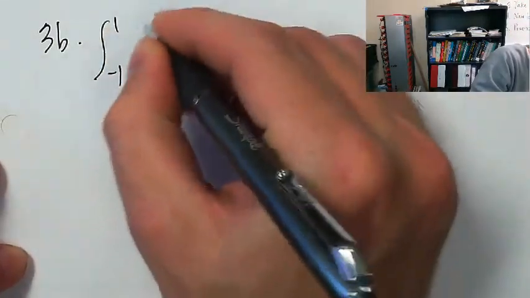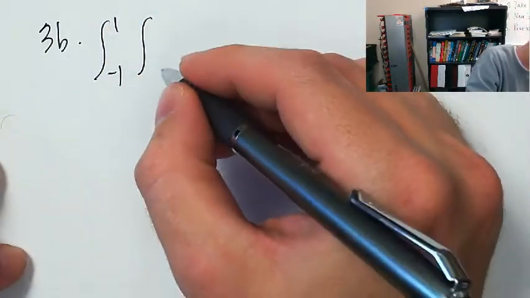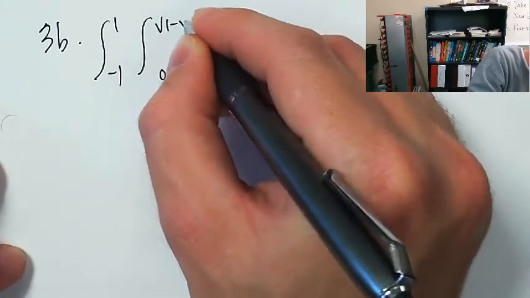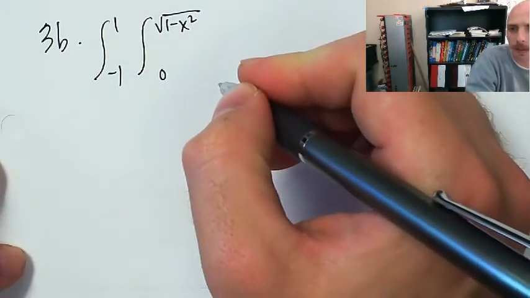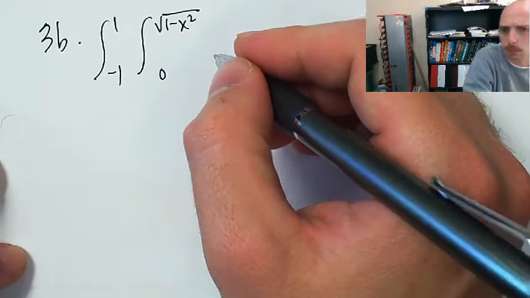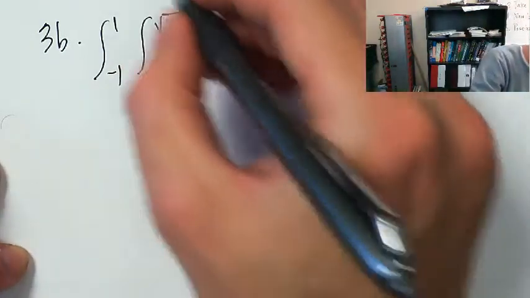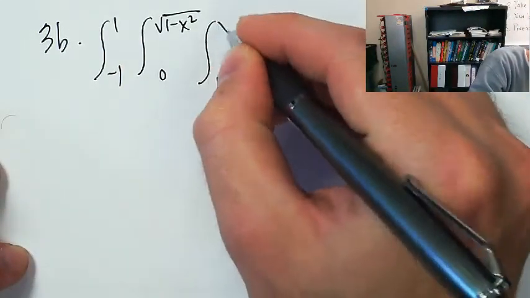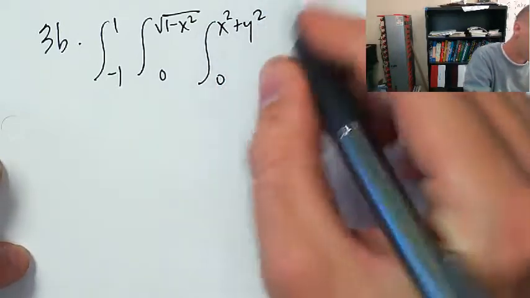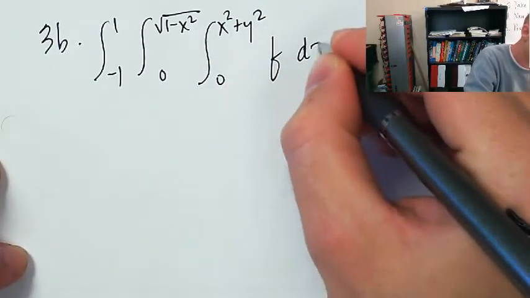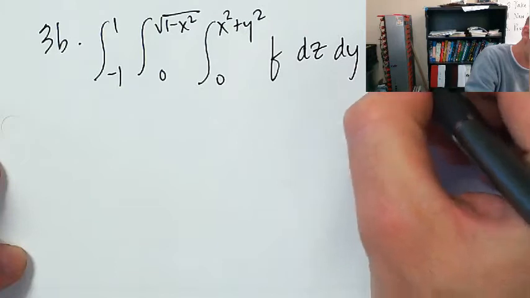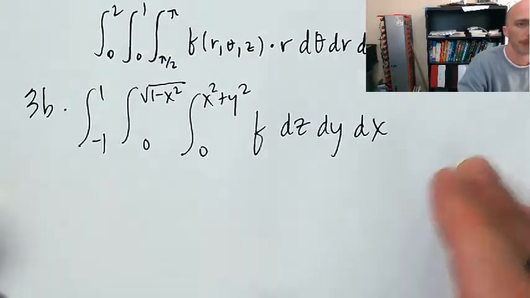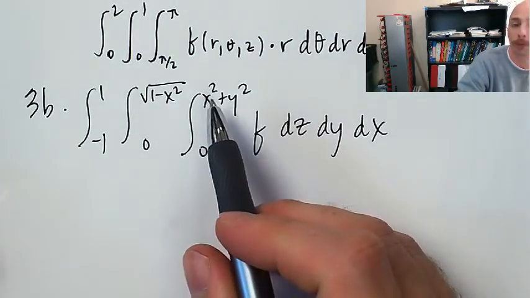Okay, 3b. X squared plus y squared. All right, so z is running from 0 to x squared plus y squared.